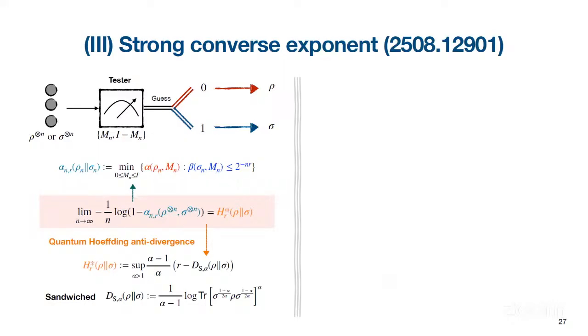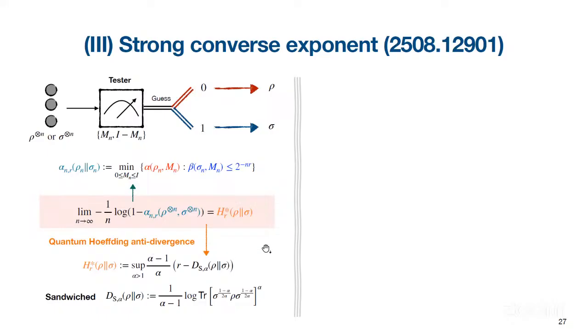Okay, so actually for the second regime, the strong converse exponent regime, we can do everything in a similar way. The left-hand side is still the IID scenario. The optimal behavior of the type 1 probability will converge to 1 with this quantum Hoeffding anti-divergence.